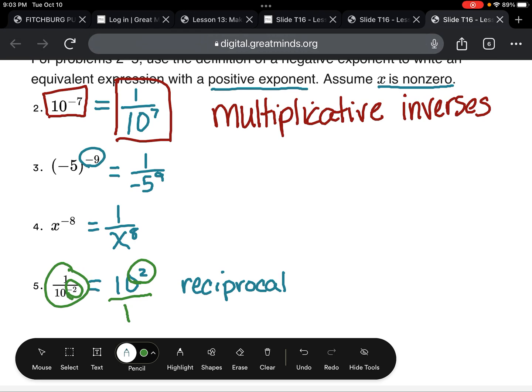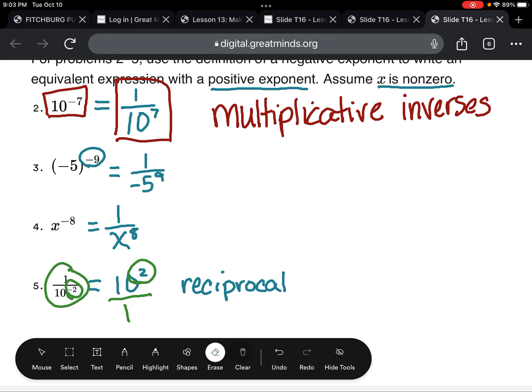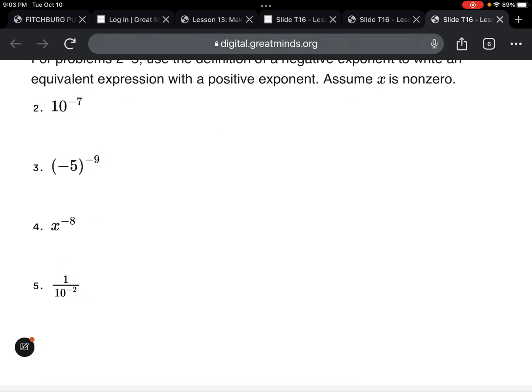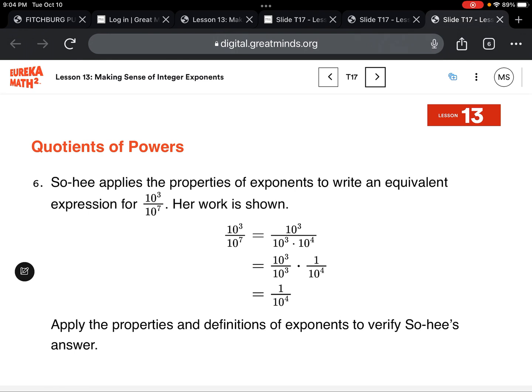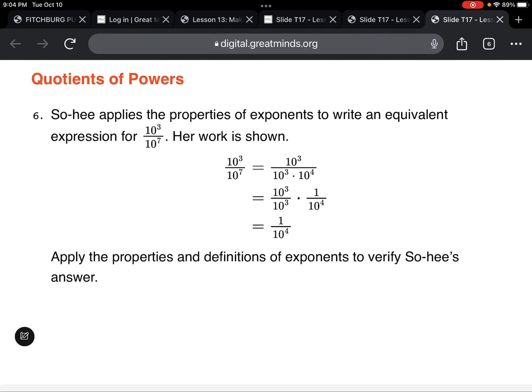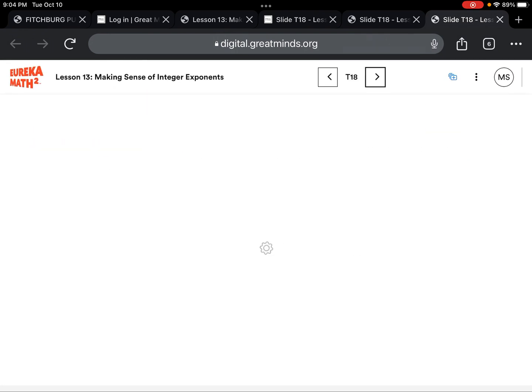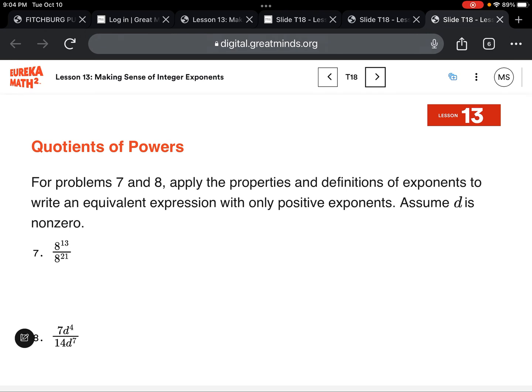All I did was really flip it. But because I don't have to write this denominator of 1, I can just write 10 squared. I'm going to skip that one for now.